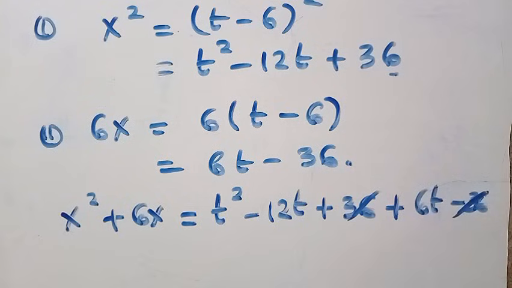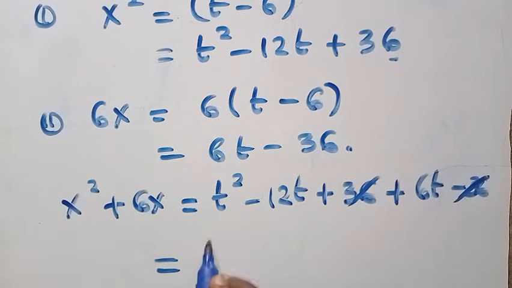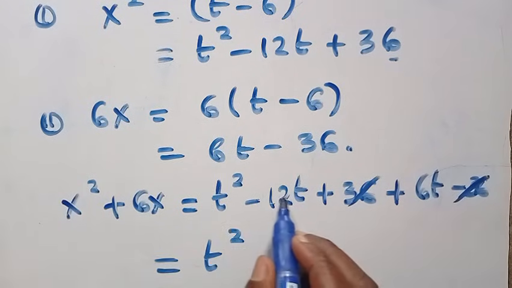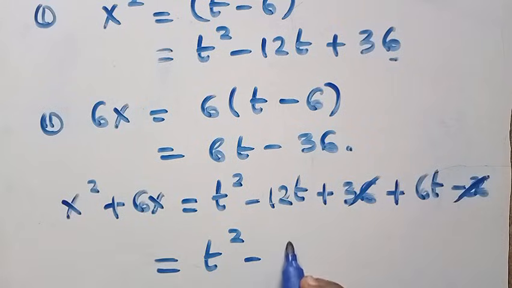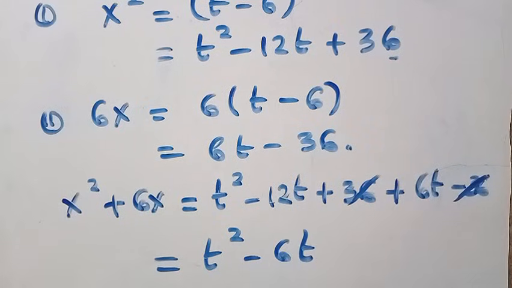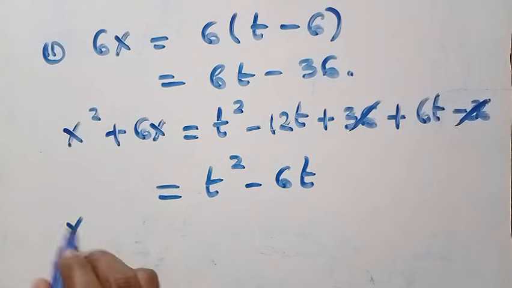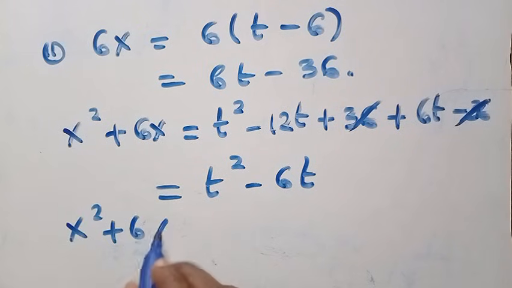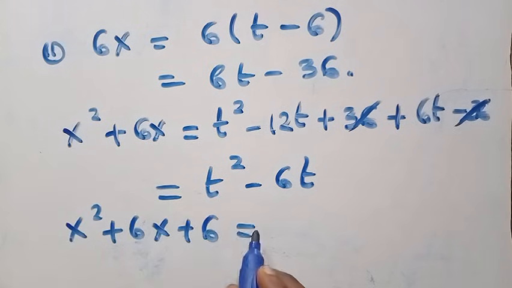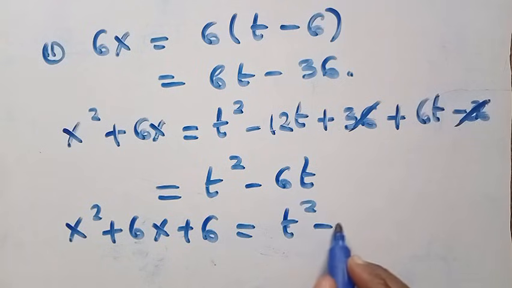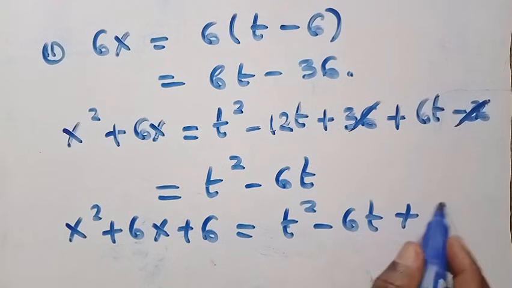So 36 cancels 36, and we have t squared, minus 12t plus 6t gives us minus 6t. And again, when we add plus 6 to it, we have x squared plus 6x plus 6. So this gives us t squared minus 6t plus 6.